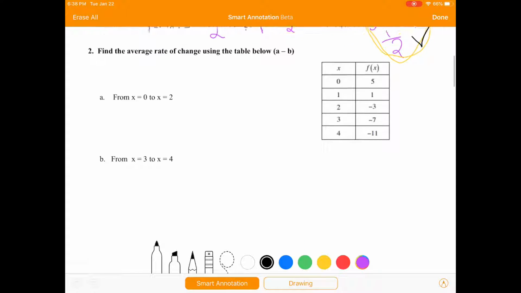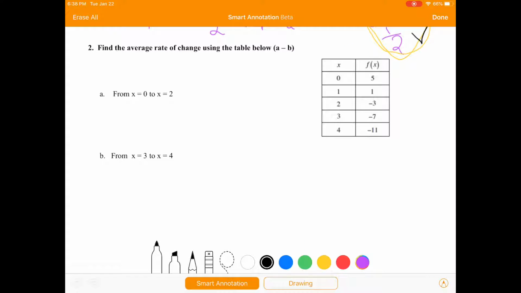So going on to 2. Find the rate of change using the table below. For this one, all we're doing is going into our table and finding the ordered pair where x is 0, y is going to be 5. Let me color code this.